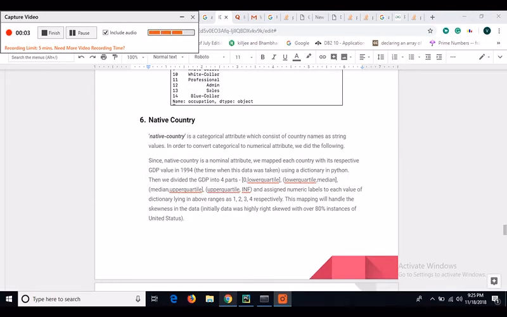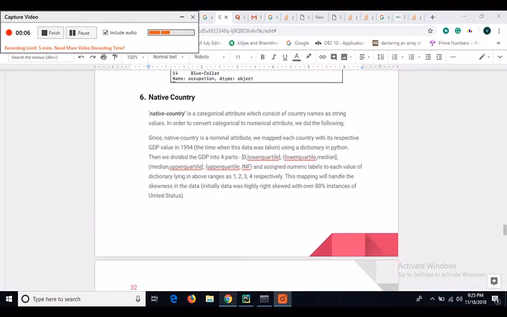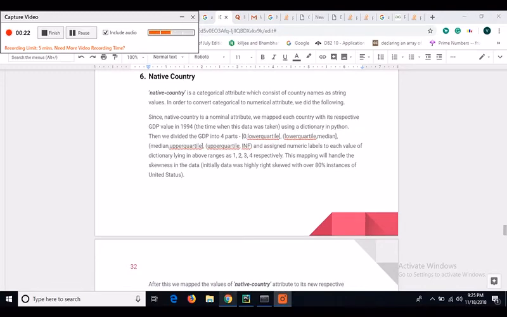Native country is also a categorical attribute which we have to convert into a numerical attribute. To do this, we stored the GDP of every country in the 1990s, exactly 1994, the time when this data was taken, into a dictionary. This dictionary contained all the GDP values.